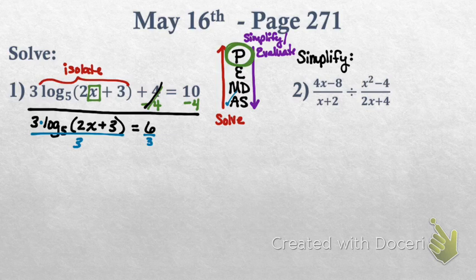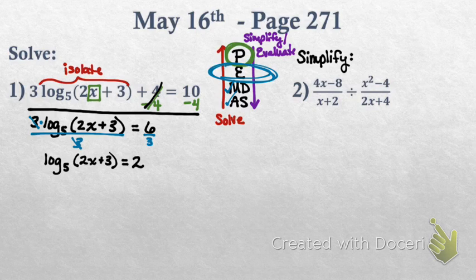So on the left, that's going to make my 3 cancel. That leaves me log base 5 of 2x plus 3 equals what? Equals 2. So far, so good? Is there any other multiplication or division that is not inside parentheses? Nope. All right, so we can check that step off.